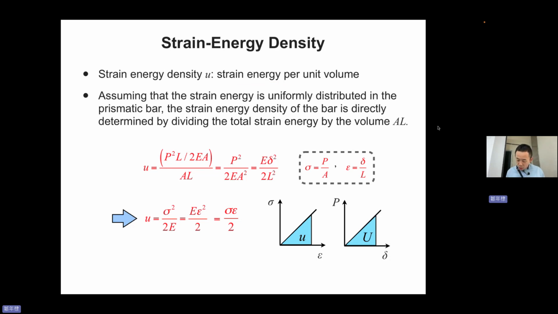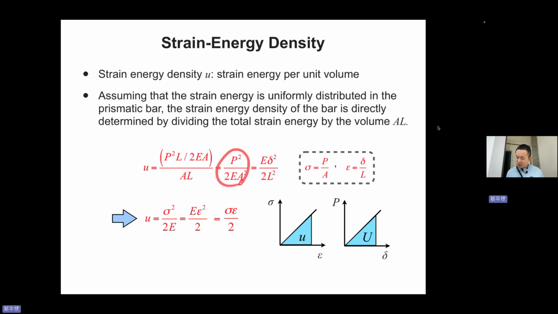Okay, so you can imagine that if you have a prismatic bar, the volume will be cross-section area times its length. So your small u will become the capital U divided by AL.